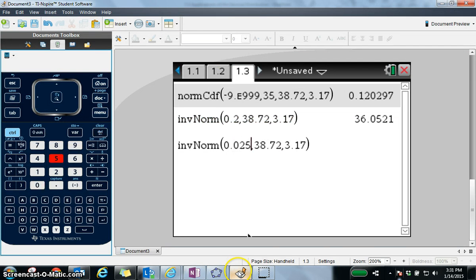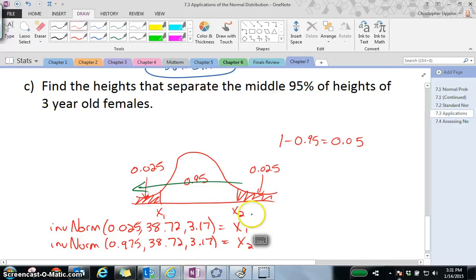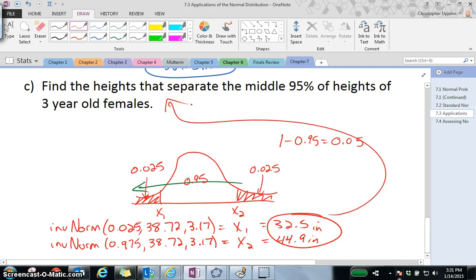So we're just going to change this from what we did before. So 32.5 and 44.9. Those are our two cutoff values, the heights that separate the middle 95%.